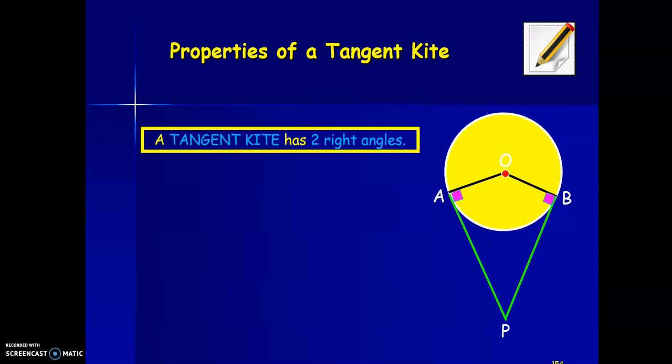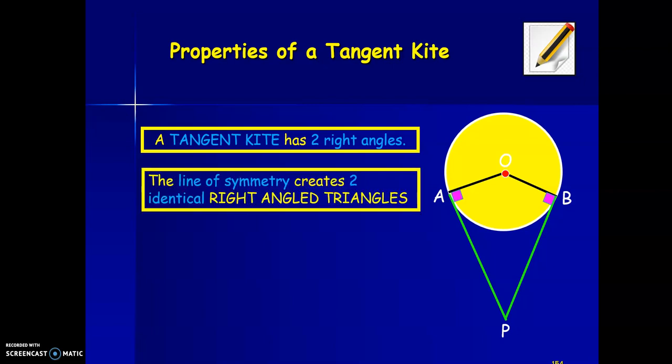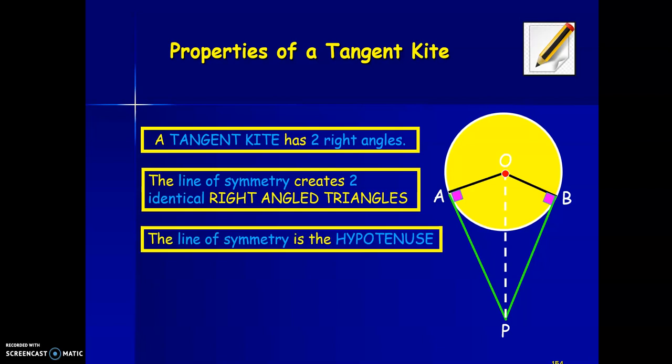So we have a tangent kite here and we can see that it has two right angles. That's what makes the tangent kite special from a normal kite. The line of symmetry creates two identical right-angled triangles. If we split the quadrilateral down the centre, we can see that creates two right-angled triangles.